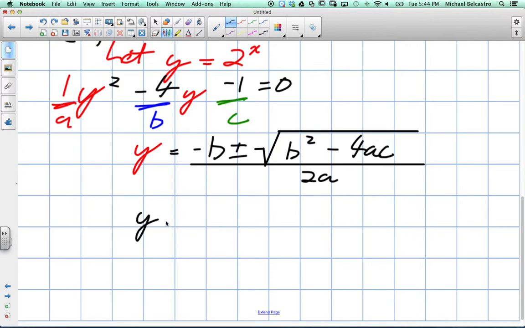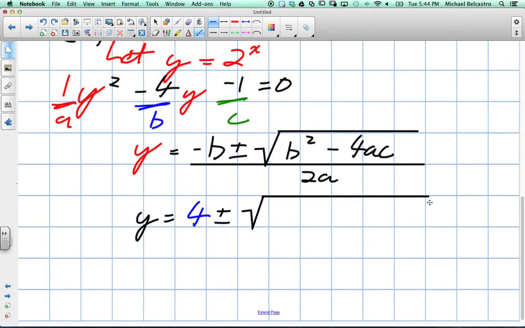So y is equal to, this becomes negative 4, which is 4, for our b, plus or minus. I'm going to try to do these steps relatively quickly because hopefully you're familiar with this. When we take negative 4 squared, we're going to end up with 16. Negative 4 times negative 1 is positive 4, times 1 is positive 4, so we're adding 4.